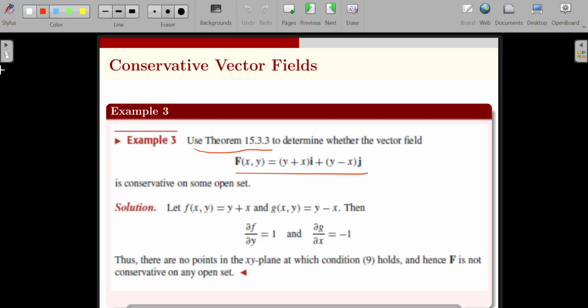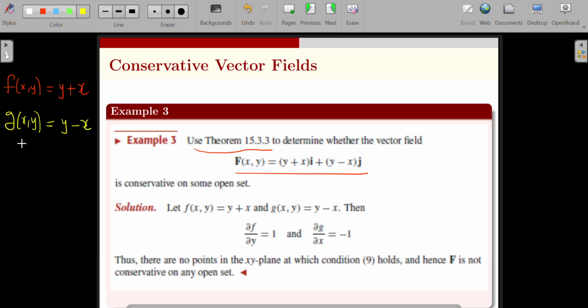Here small f(x,y) is equal to y + x, and g(x,y) is equal to y - x.